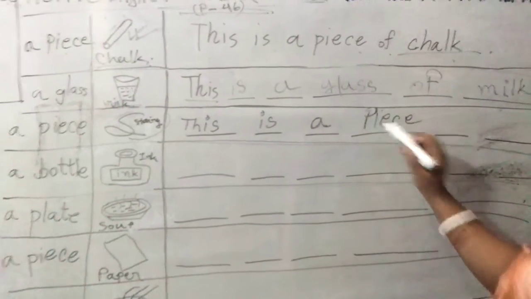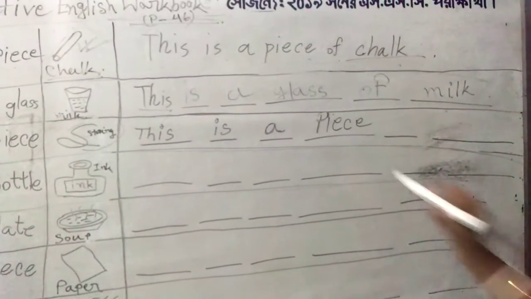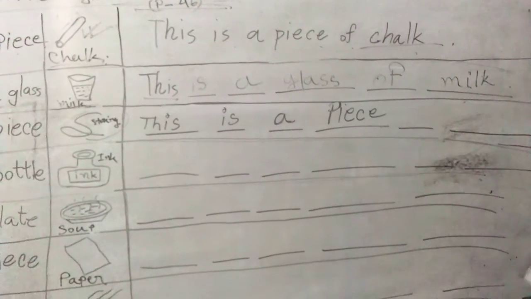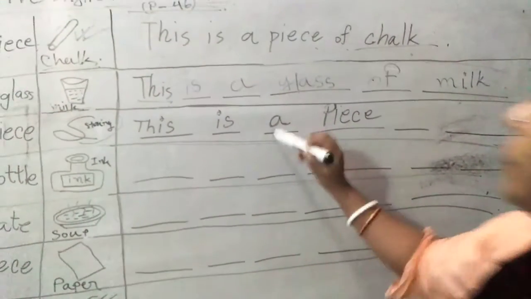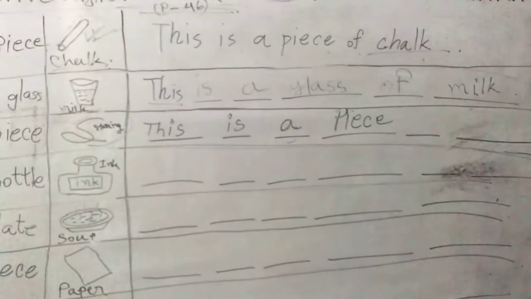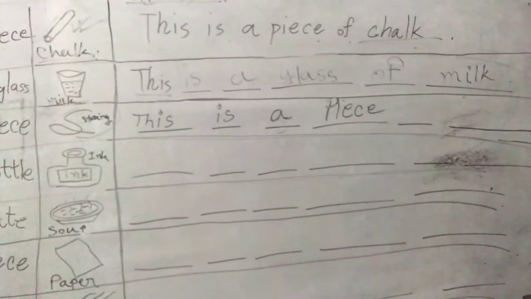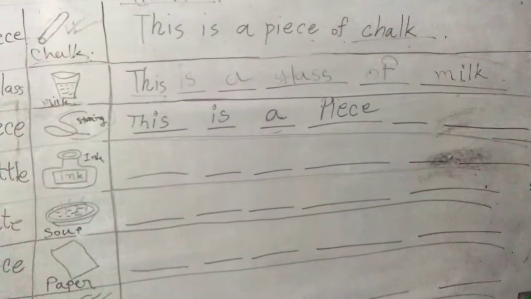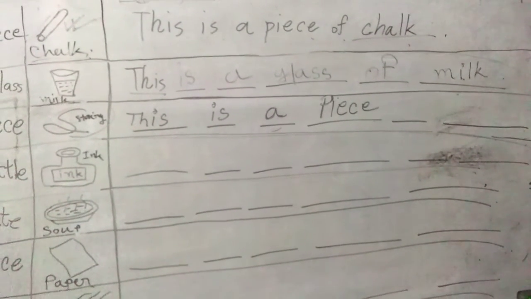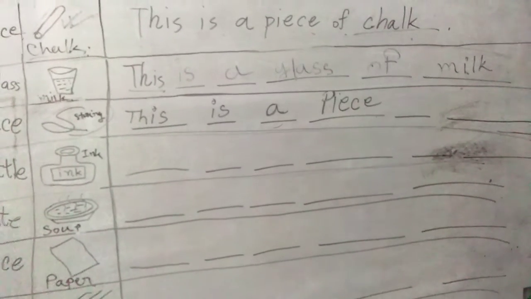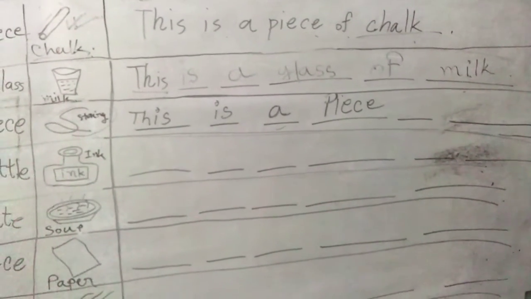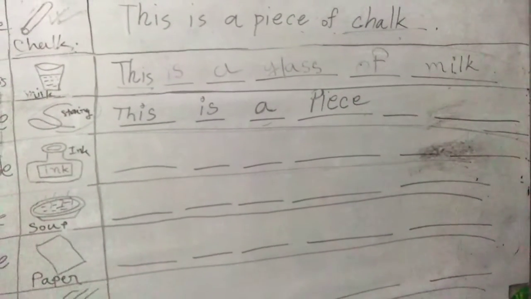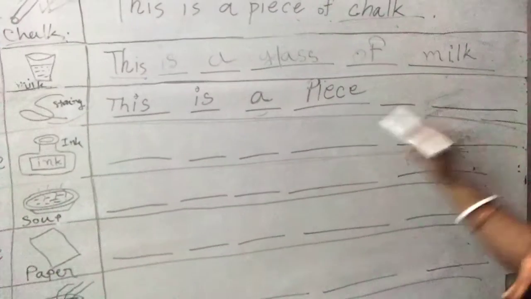In articles, there is a rule: if the first letter of a word is a consonant, of course before the consonant we have to put a. If the first letter of a word indicates a vowel, the article will be an. You got it? I know you can recall now. And if it is a definite thing, if we indicate something definitely, then before the word we will use the.